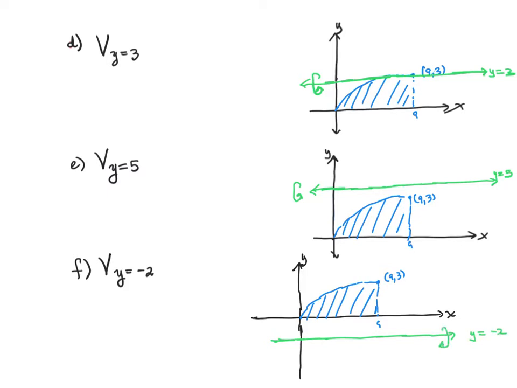So we are still going to use our vertical rectangle that we use for area and rotate that around. But these rectangles are a little bit different because now in D and E, we're rotating the region up. So this region here will be reflected this way.